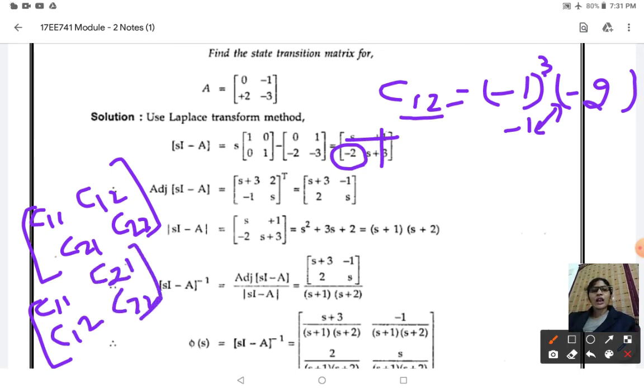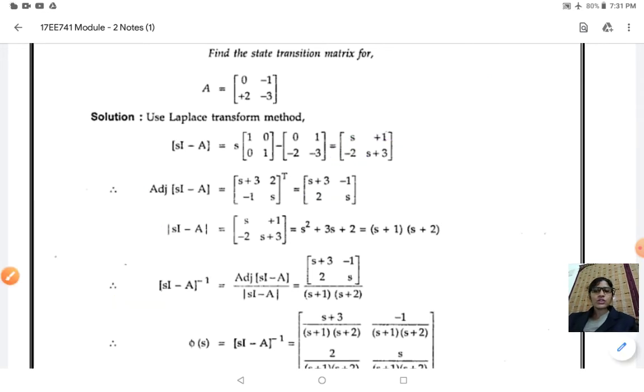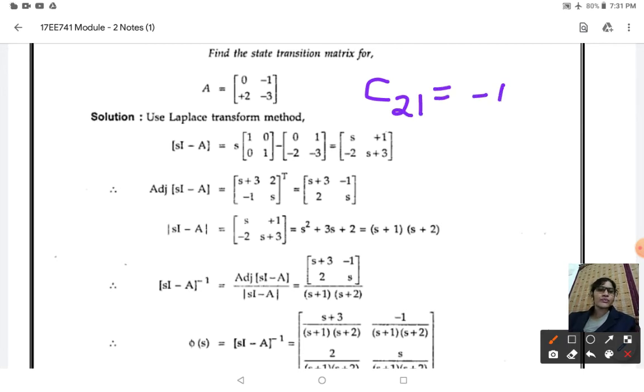That is why after identifying C12, it is written 2 over here, because it is a cofactor matrix transpose. Next one is your C21. C21 is equal to minus 1 to the power of 3. That is, in this, the second row and first column you should eliminate. If you eliminate the second row, first column, you are getting 1 over here. So when you calculate C21, you are going to get minus 1.